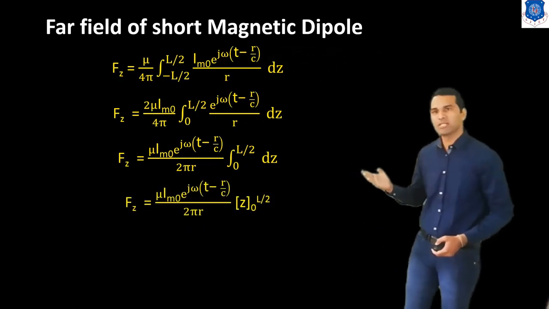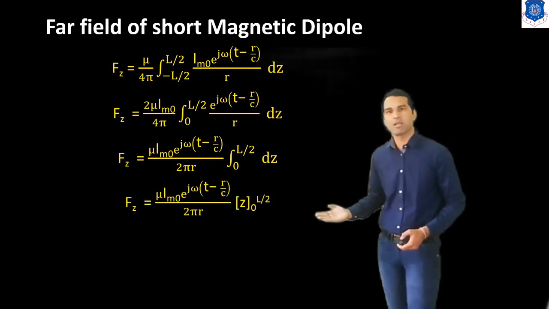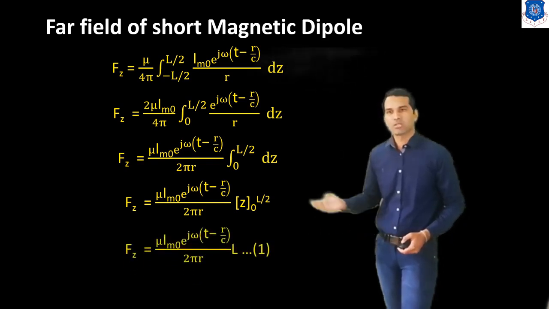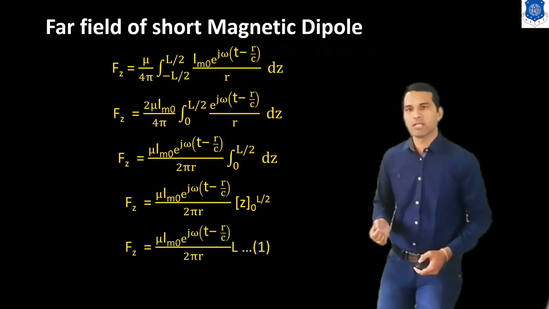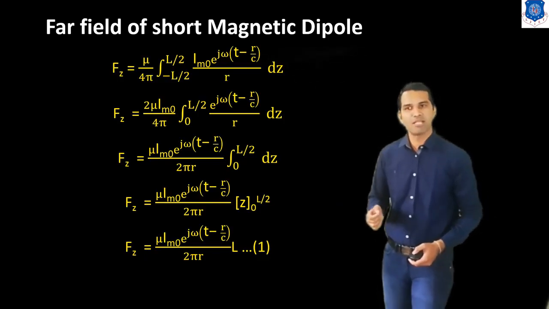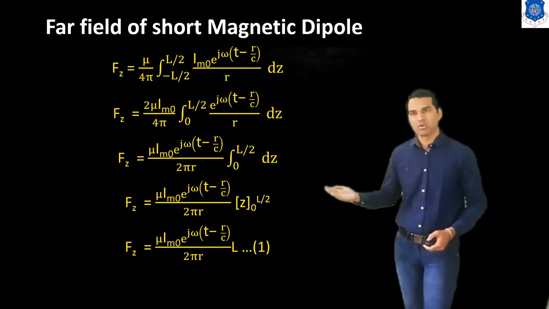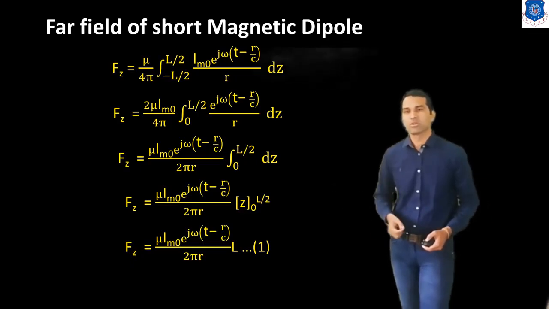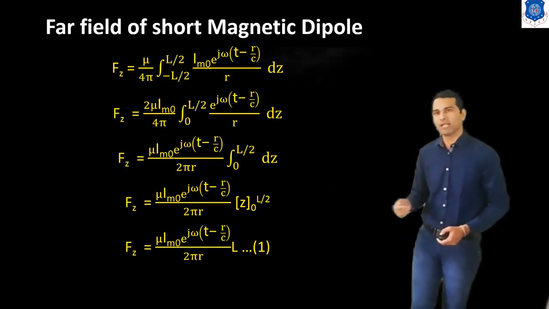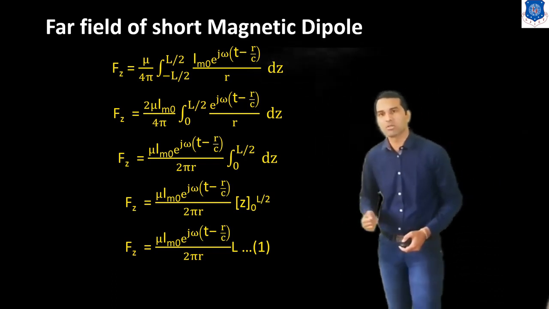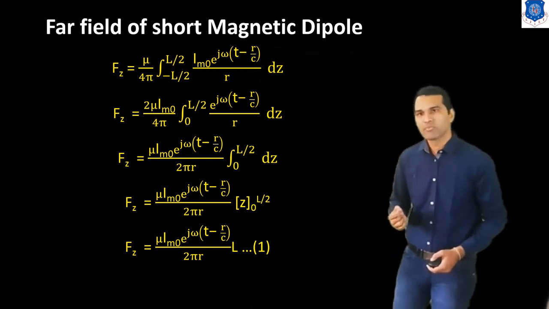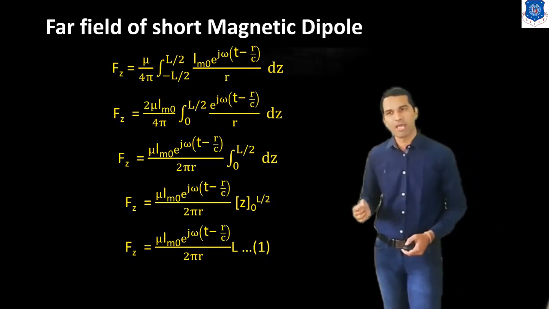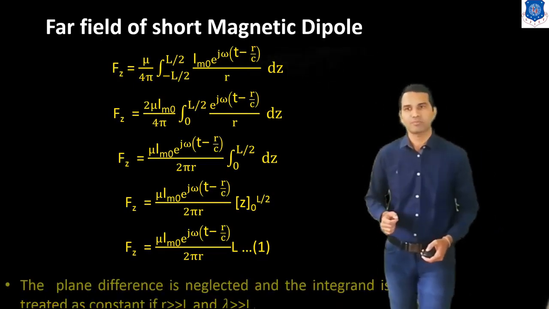The integration of dz is nothing but z, with limits 0 to L/2, and the constant term is ν Im0 e^(jω(t − R/c))/2πR. When we solve this limit term, we get only L. So finally we get Fz = ν Im0 e^(jω(t − R/c))/2πR times L.